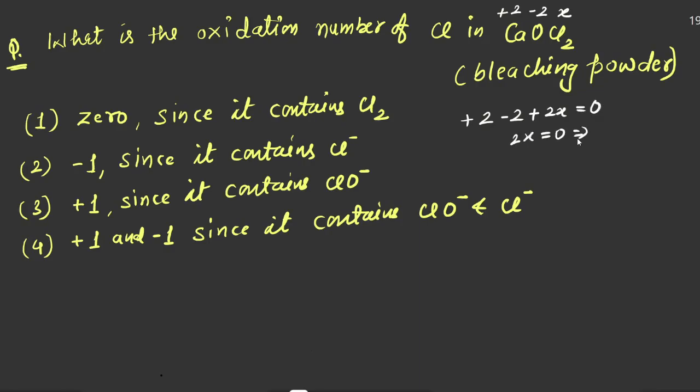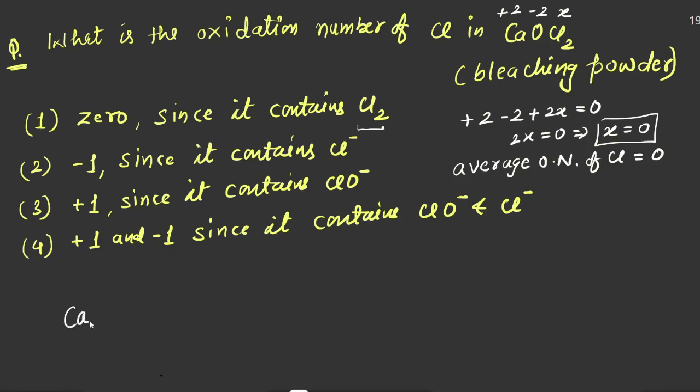So that implies x is 0. So oxidation number of chlorine is 0. But it is not because it contains Cl2. It is average oxidation number. Average oxidation number of chlorine is 0.